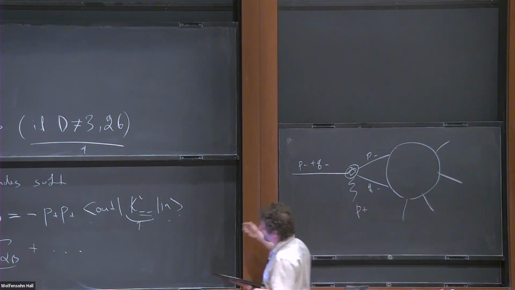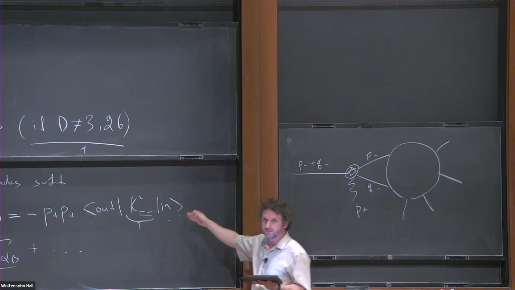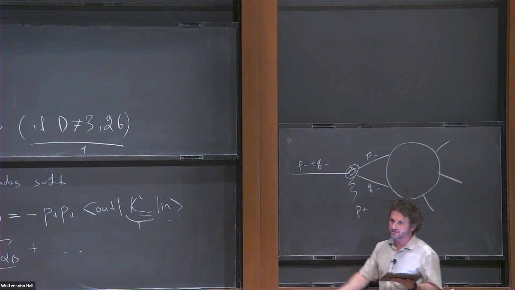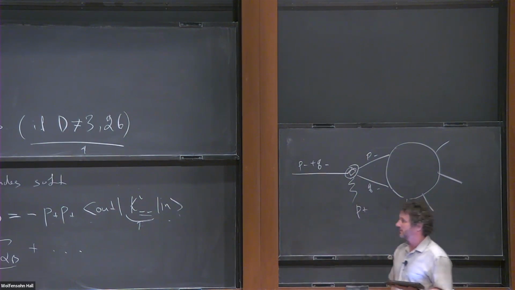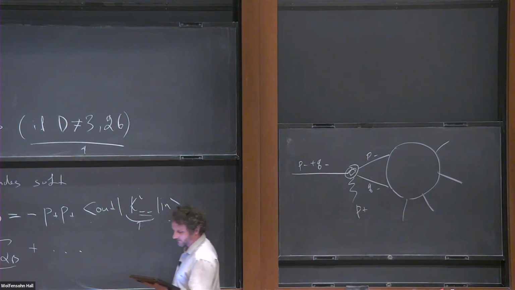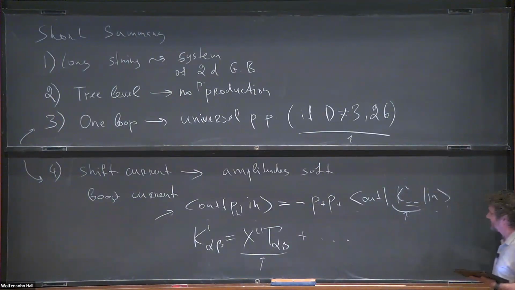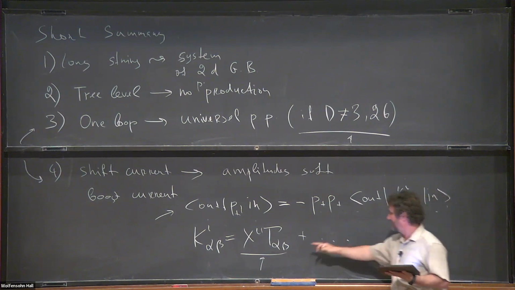But the bottom line, the resolution of this little puzzle, is that in 2 dimensions there are amplitudes associated with massless particles. Well, I told you that for the S matrix there are no infrared singularities, but here we're not just talking about the S matrix. The thing which appears on the right-hand side is this operator.